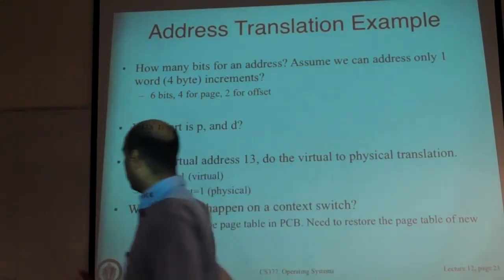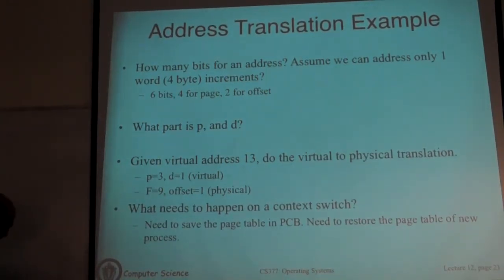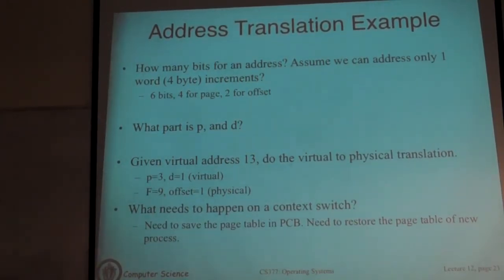Another way to think about this is memory has actually become fatter. Think of the memory as being this rather than this, where each addressable region is now 4 bytes long. Address 0 in memory has become 4 bytes long. So that's the granularity at which you're going to read.